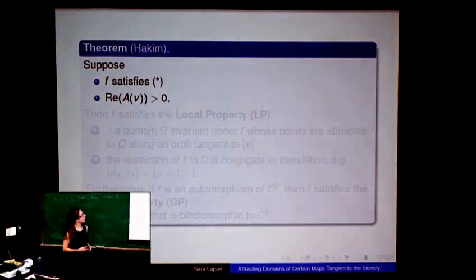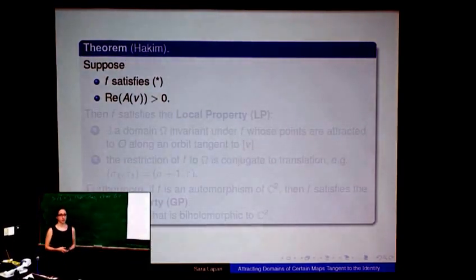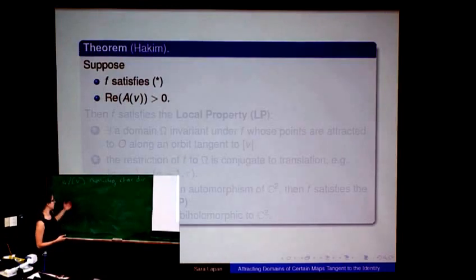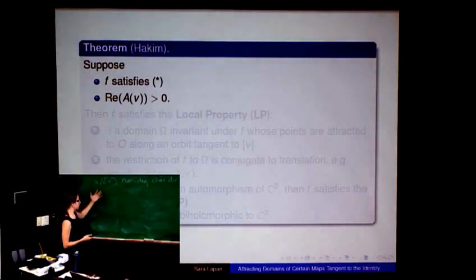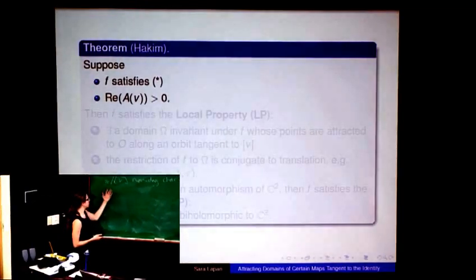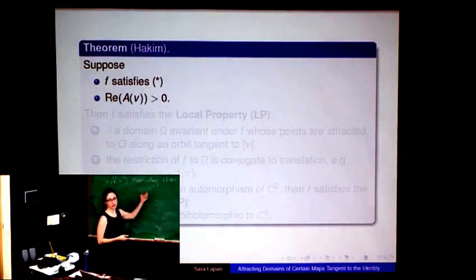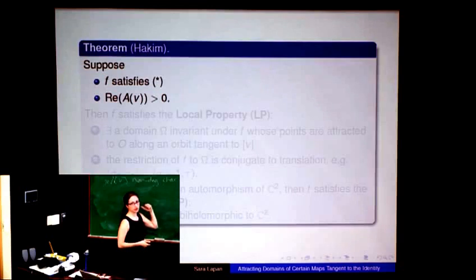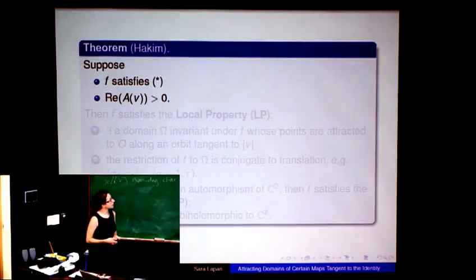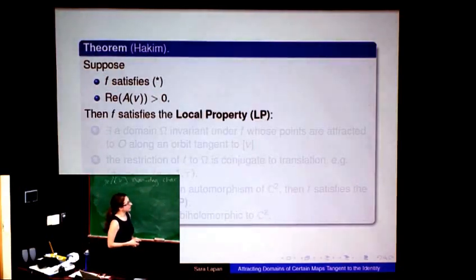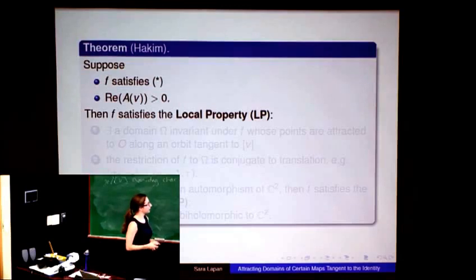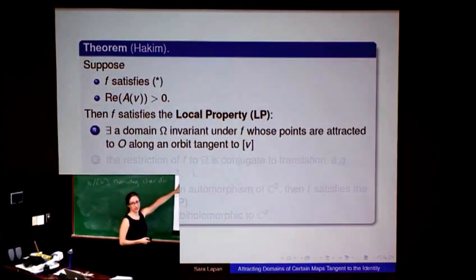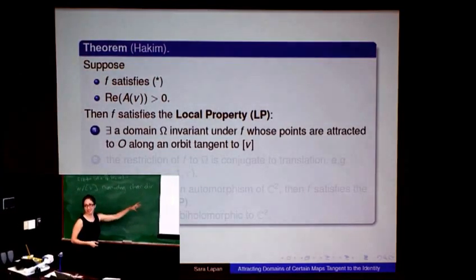Okay, so Hakim's theorem. We're going to suppose that f satisfies this condition: a holomorphic germ tangent to the identity of order k with a non-degenerate characteristic direction. And we're assuming that the real part of the director is positive. Then f satisfies the local property. I'm just going to refer to this as the local property; it's not standard.